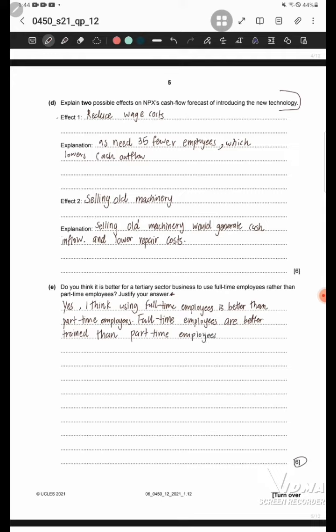Usually part-time are not trained and they don't have enough skills to go on with such jobs.